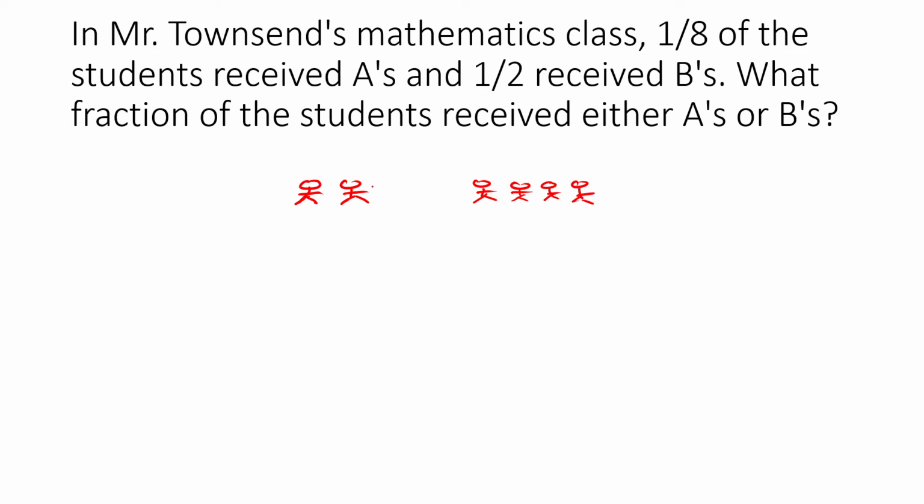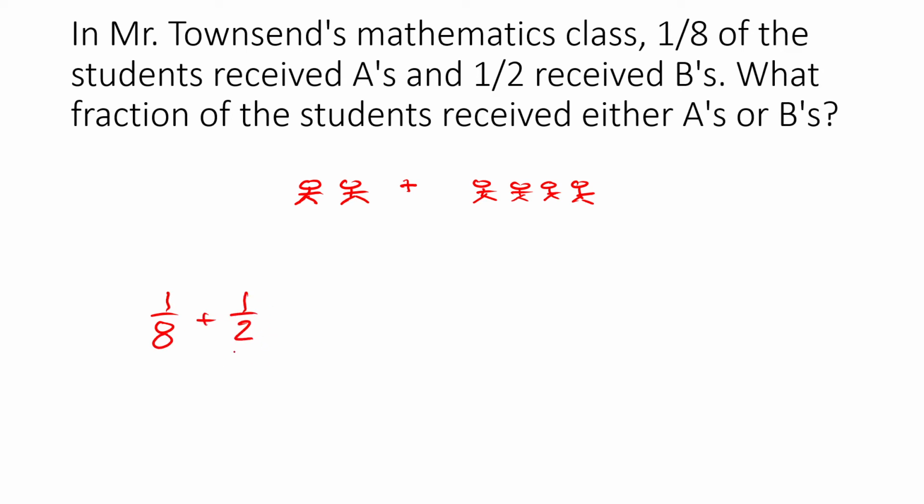The question is asking how many students receive either A or B. So we need to count both the students that receive A and those that receive B. If we're combining them, do we add or subtract? We add. So we're going to add the fractions 1/8 plus 1/2.